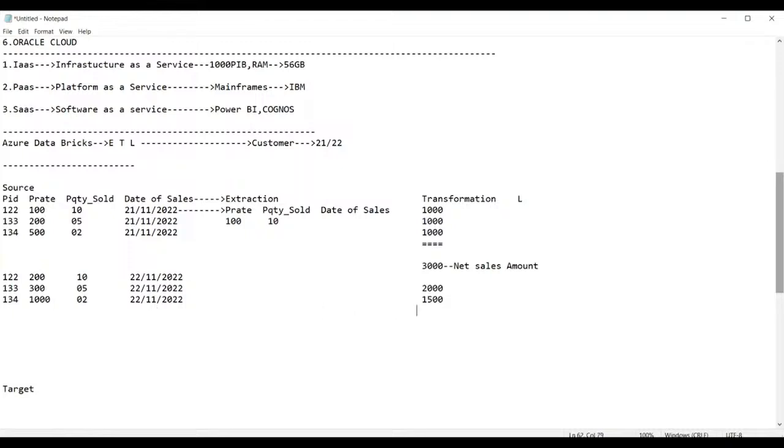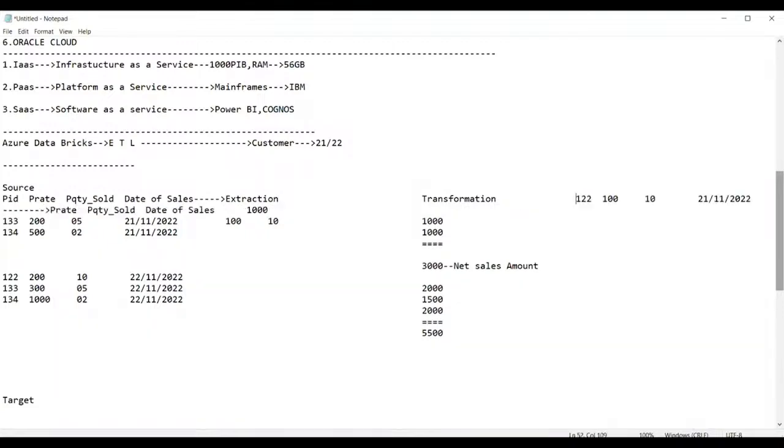Now calculate the sum: 5500. This is the net sales amount. This process is called the transformation process. It's done now. Finally, you will be loading.